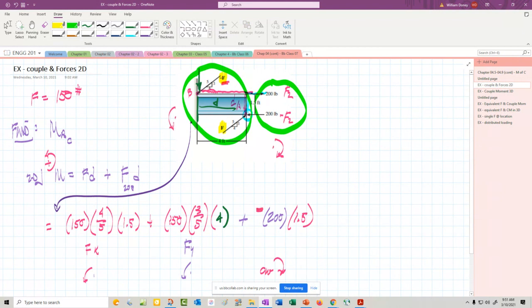So hence the negative here. If I go through all that math, I should get 240 foot-pounds or pounds-foot. It is positive, therefore it is in that direction.